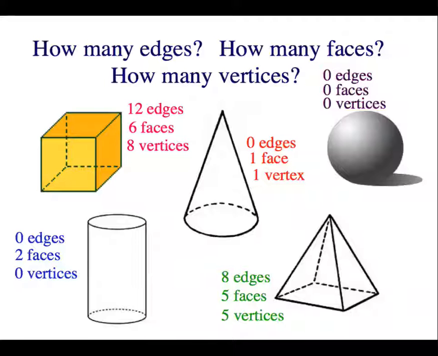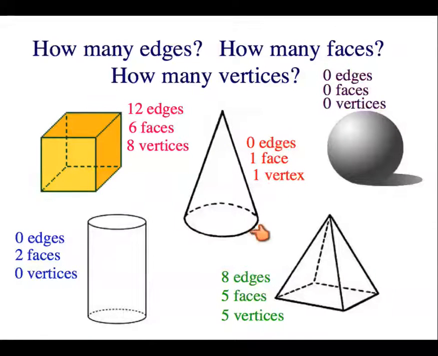Well, here's the answers. How did you do? This is a cube. It has 12 edges, 6 faces, and 8 vertices. This is a sphere. It has 0 edges, 0 faces, and 0 vertices. This is a cone. It has 0 edges.